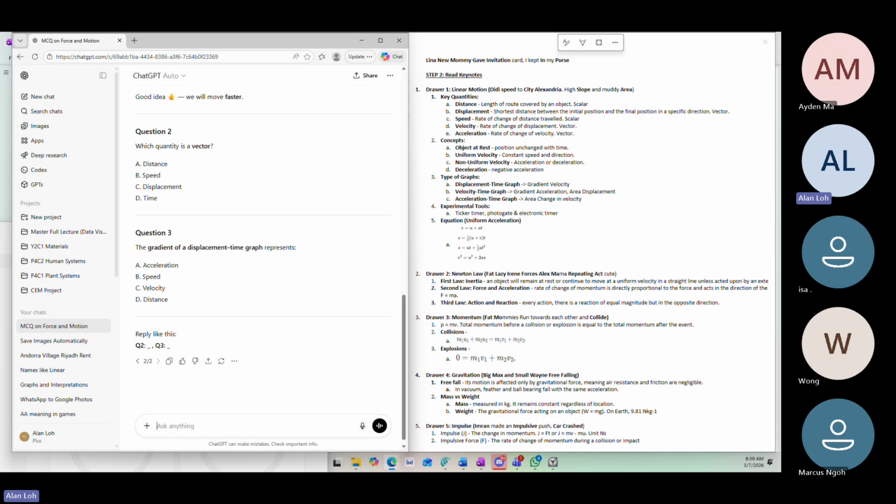Okay, Aiden, question 3, velocity. So if I put it into my format, you should be writing 3 slash drawer 1 slash velocity, what C. Okay, so like this.